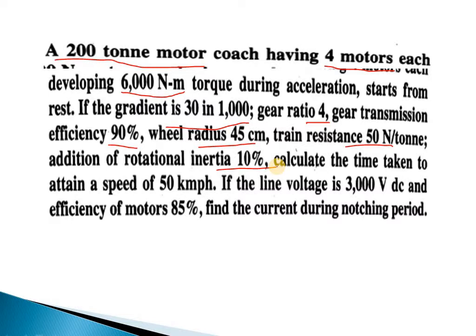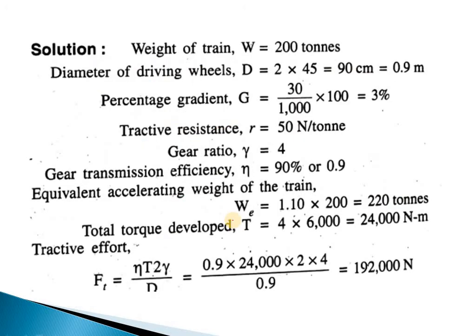Then we have to calculate the time taken to attain a speed of 50 km per hour when line voltage is 3000 V DC and efficiency of the motor is 85%. We also have to find the current during notching period. So let us see the solution.